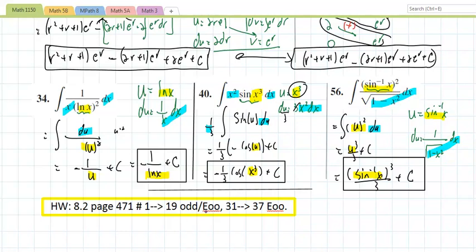And 31 through 37, every other odd. In case you don't know what every other odd means, 31, 33, 35, and 37, those are the odds. You do one, skip one, but you always do the last problem. Alright? And if you're not sure, just ask me and I'll show you. And we will finish this section in our next class meeting.